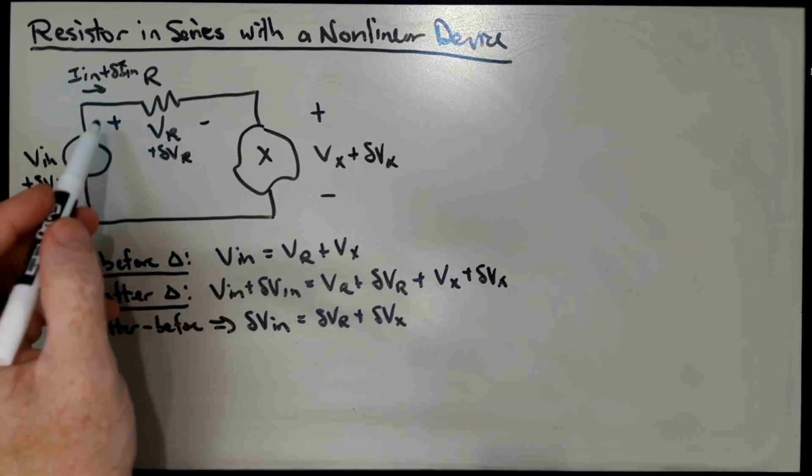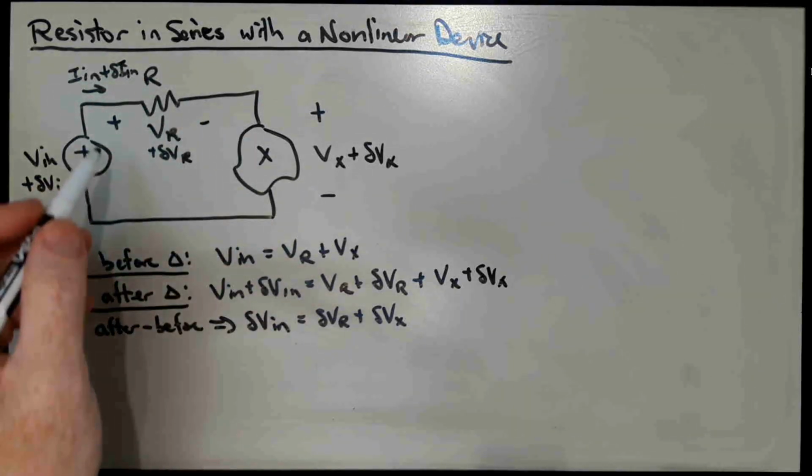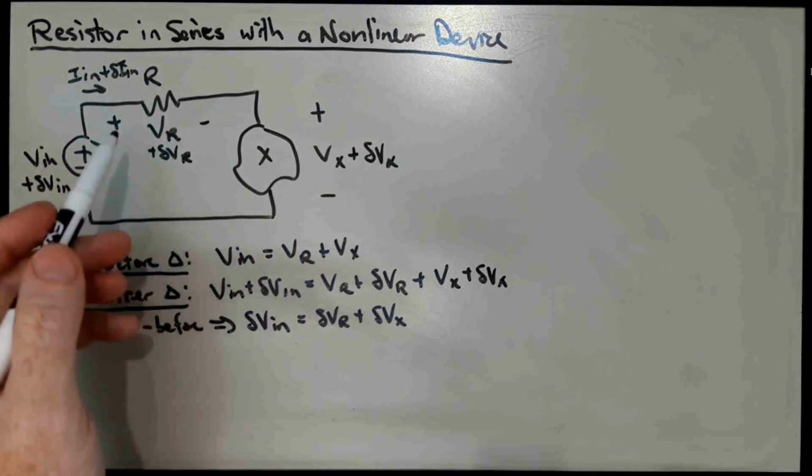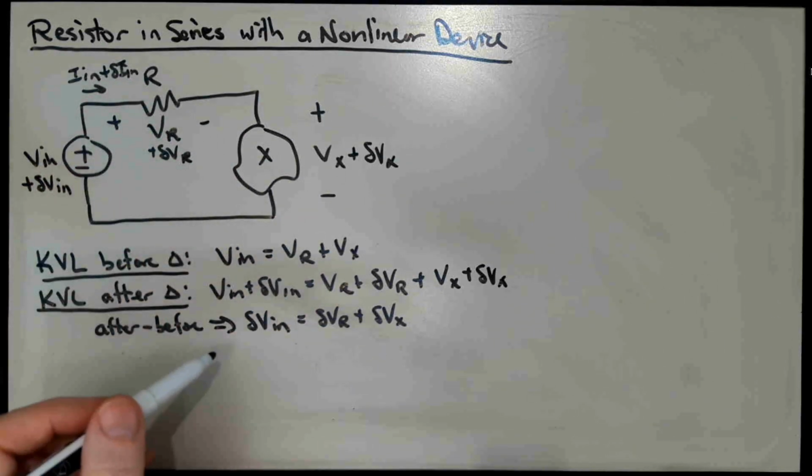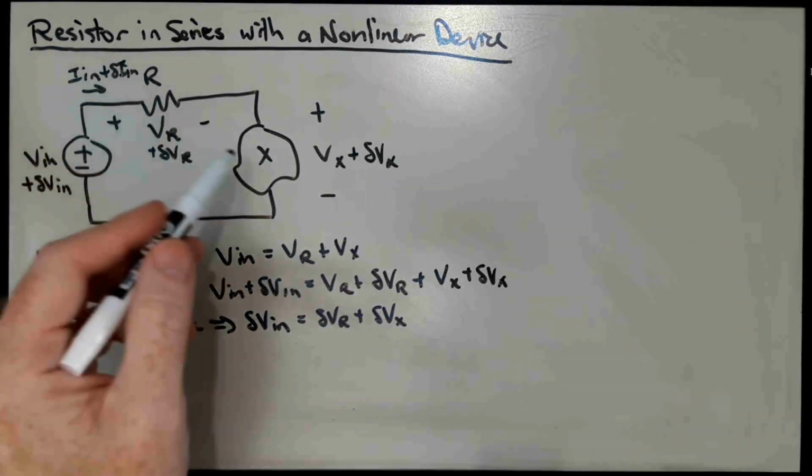KCL basically tells us that the same current flows through these two devices because they're connected in series, and we can do the same thing. It just tells us that delta IN is equal to delta IX.